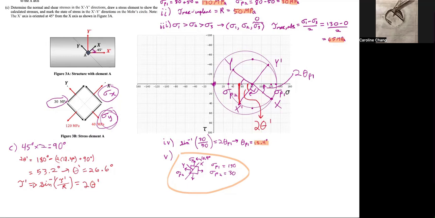So this means that sine of 2 theta prime, which is sine of 53.2 degrees, is going to give you tau prime over r, which is 50.